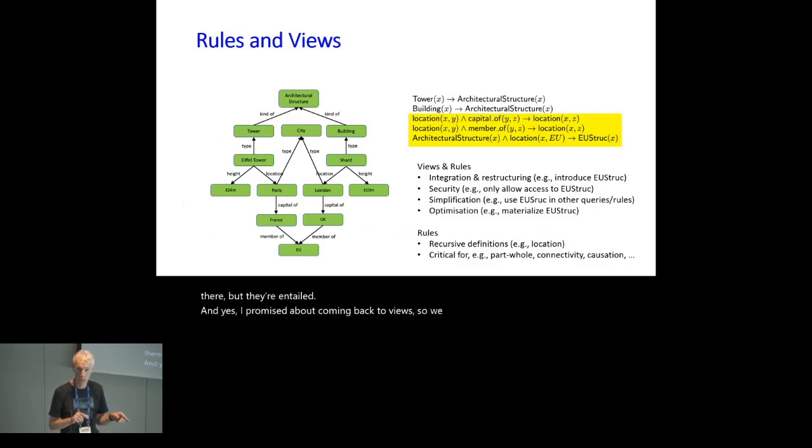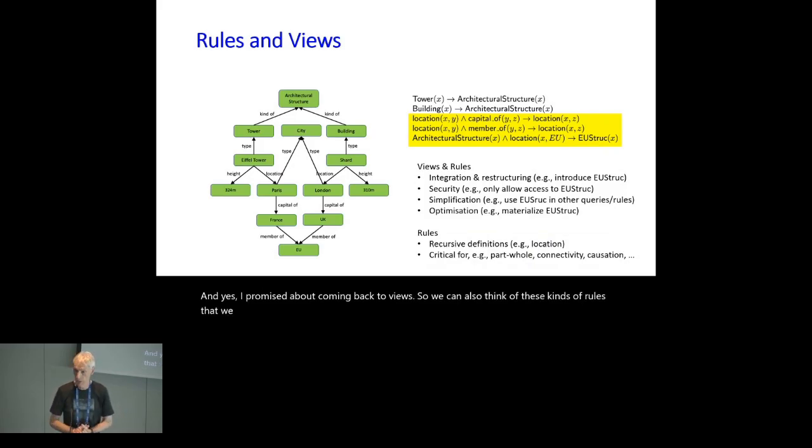Oh, and yes, I promised about coming back to views. We can also think of these kinds of rules that we can introduce as being very closely related to views. We could even introduce another rule here that basically materializes our query about architectural structures located in the EU into a new predicate called EU structure.